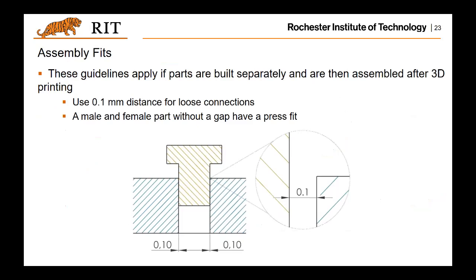So for the assembly fit, basically, if you print separate parts and then you need to assemble them together after printing, you want to use a 0.1 millimeter distance for loose connections. That is, if you zoom in on this, if you want to assemble this part with this base, you want to have a 0.1 millimeter distance if you want a loose connection, right?